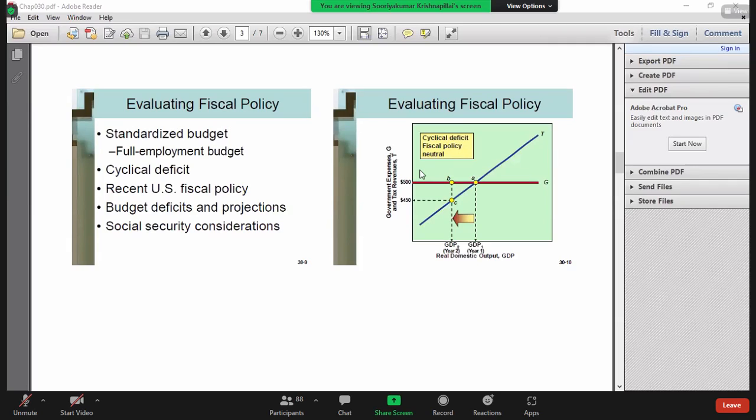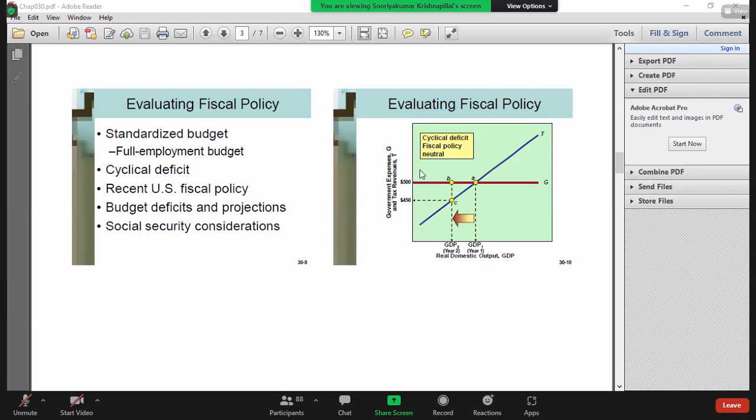So now the standardized budget looks like that. If we plan government expenditure at this amount, the tax revenue increases with the real GDP, then when the tax revenue becomes equal to the government expenditure next year, the budget deficit is zero.